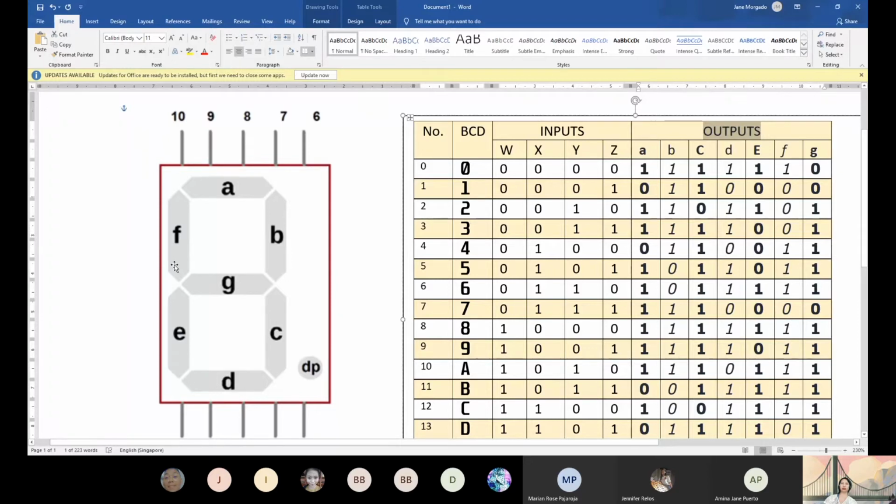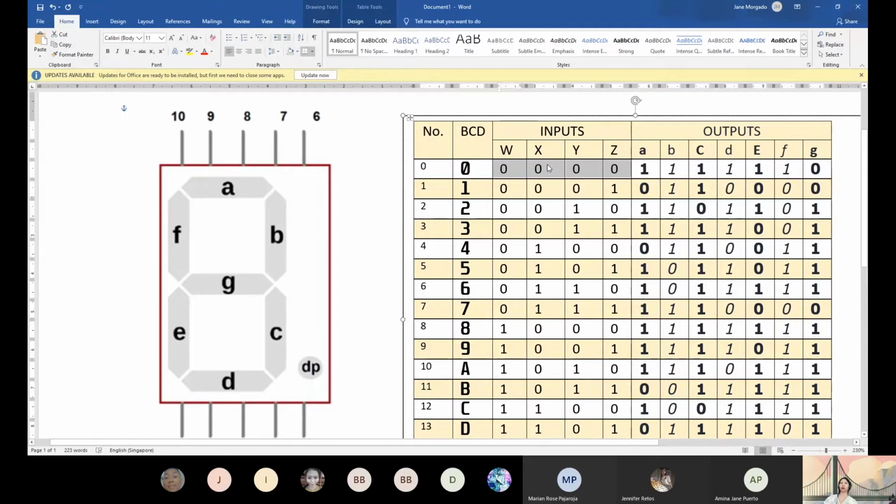To use this, you have one positive here and one ground here, and then you have inputs here. So let's say we have A, B, C, D, E, F, G, and you may or may not activate the decimal point here. For 0, let's say the switches, the inputs, are 0, 0, 0, 0.